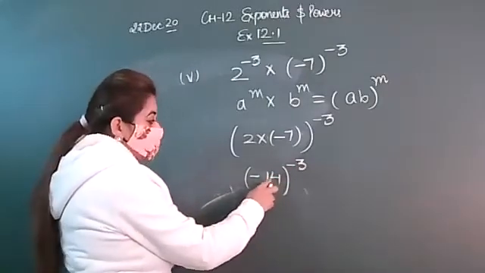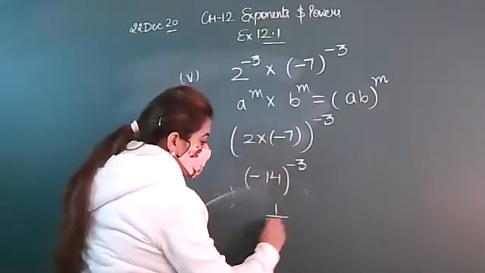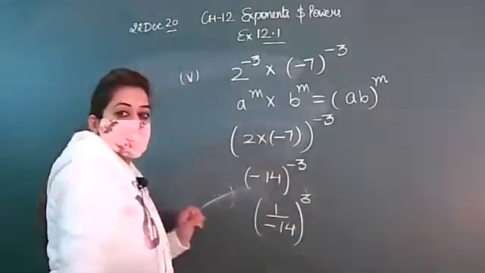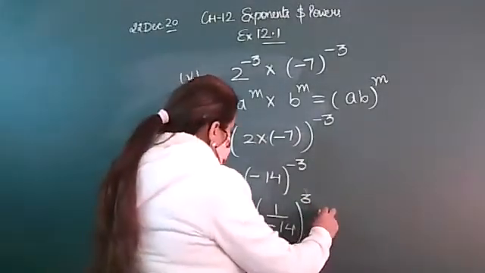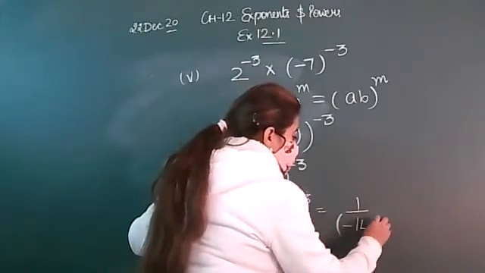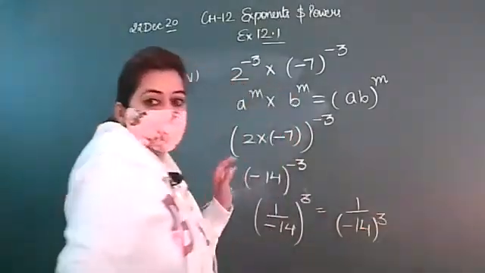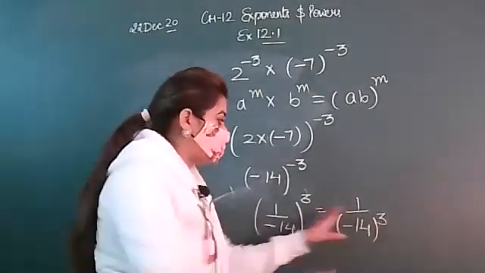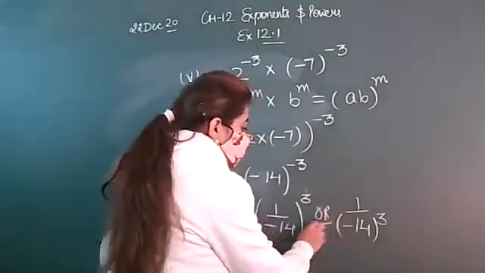When you make the reciprocal of this, this will give you minus 1 by 14 whole raised to power 3. So this is your answer, or you can write it in this manner also, 1 upon minus 14 whole raised to power 3. If you want to write whole cube, or you can write in this manner also. So both are correct.